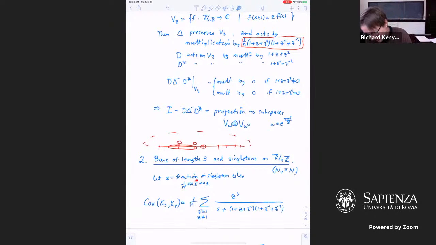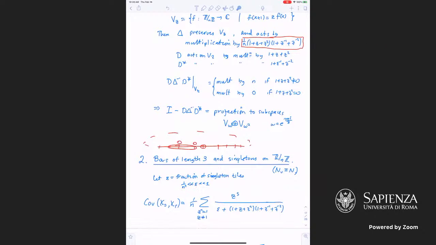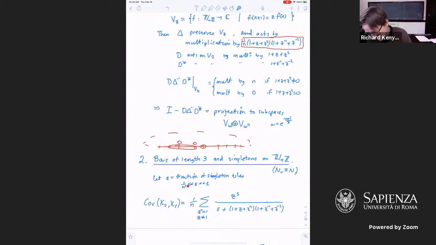Okay, but now I'm going to take epsilon to be a fixed small positive density of tiles. I said integer, but I meant small real number. And then you can do the same Fourier analysis, and you work out the covariance matrix between x0 and xs, normalized as above.